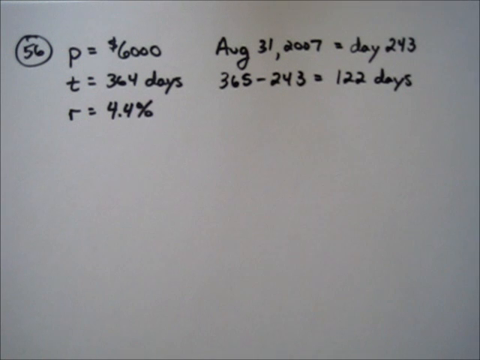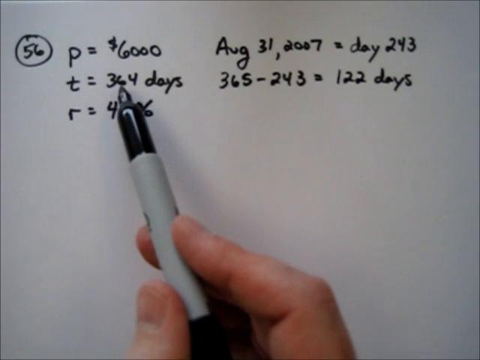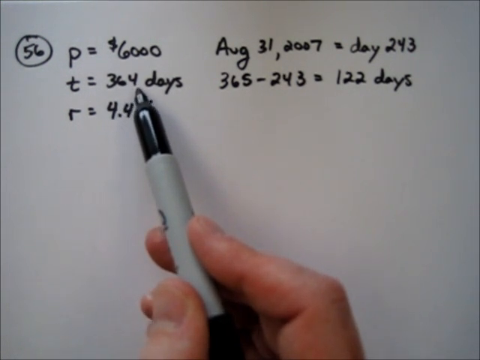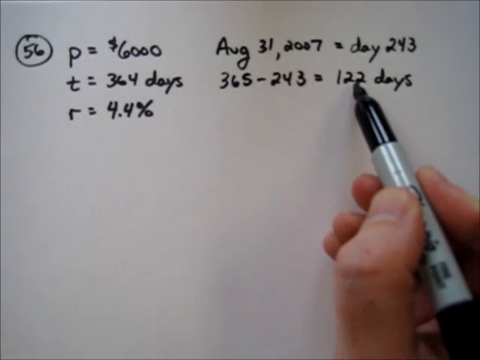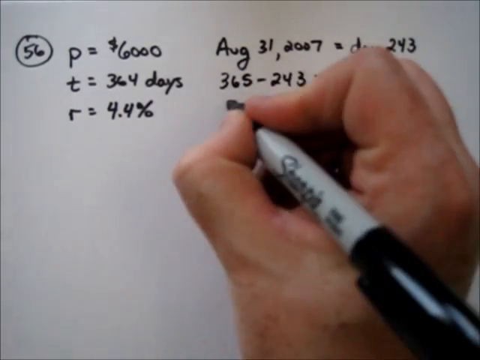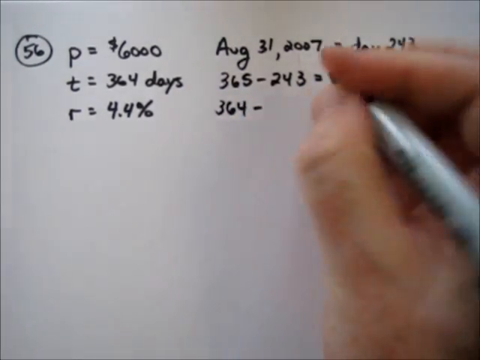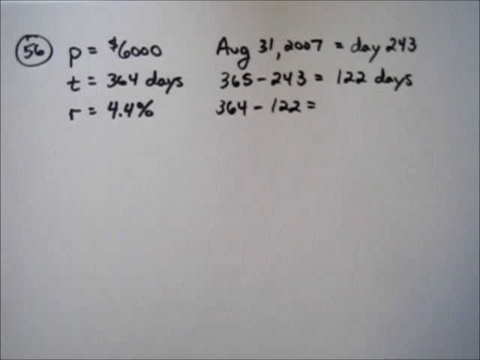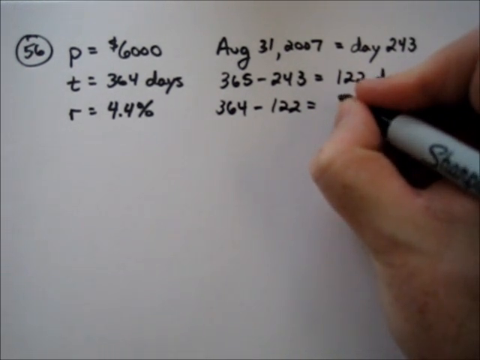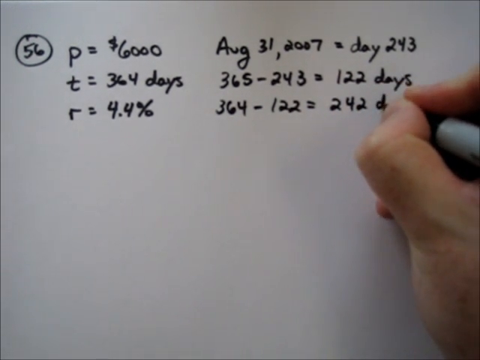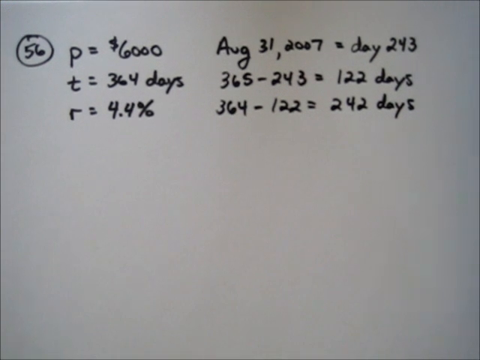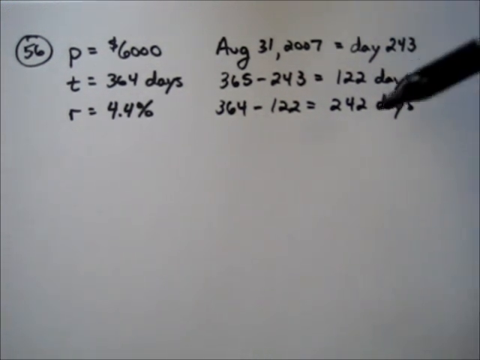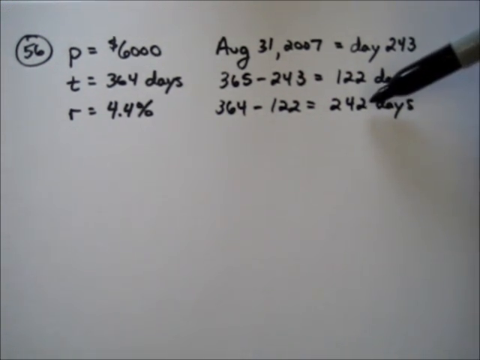And then we're going to carry over into 2008. So how far into 2008 do I need to go in order to have the entire 364 days elapse? Well, if I've used up 122, how many days do I have left? Take my 364, subtract off the 122, and we get 242 days in 2008. So I need to know what is the 242nd day of the year 2008.